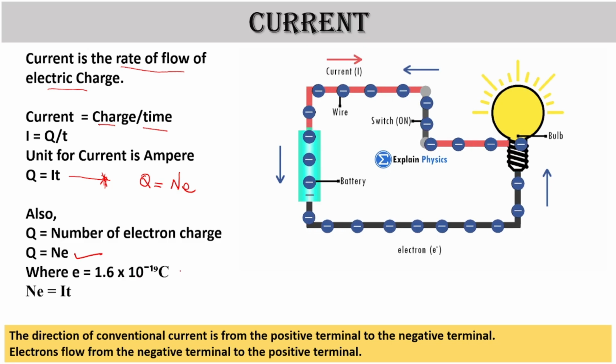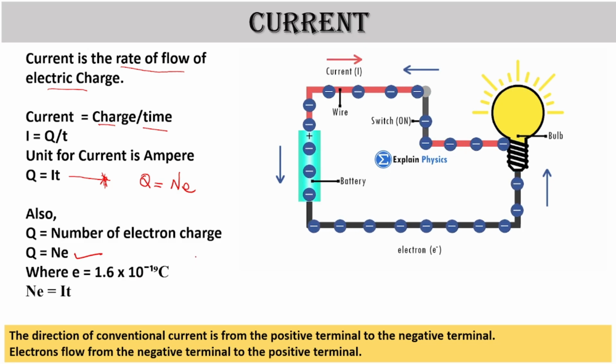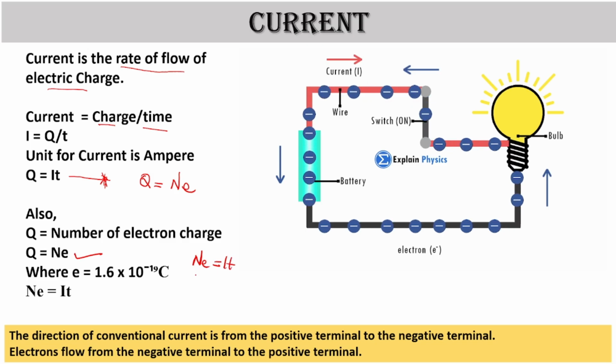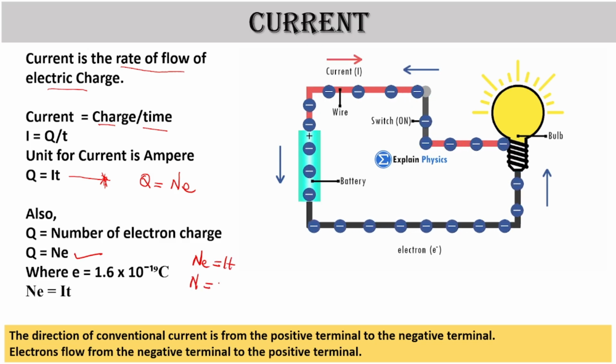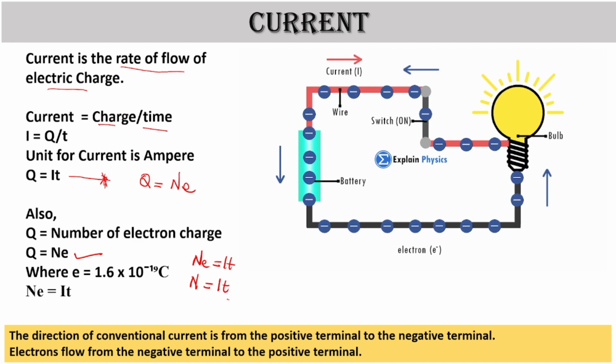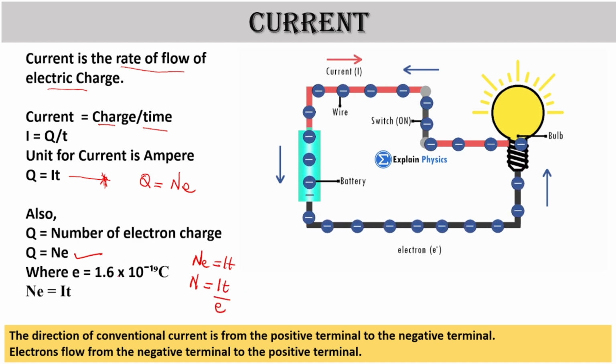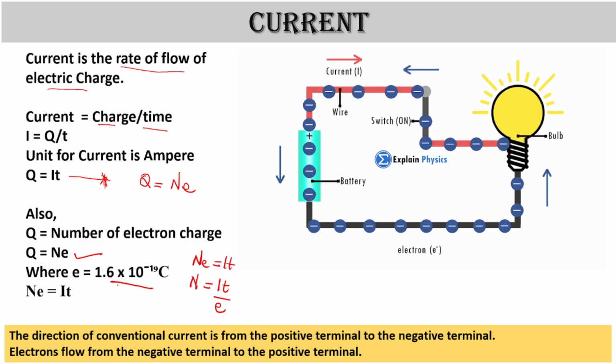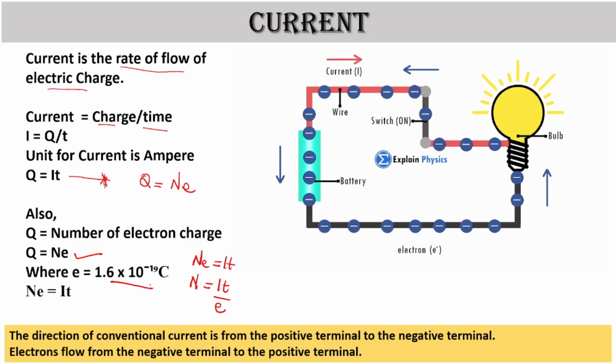In other words, Ne equal to IT. If we are asked to find the number of electrons, we say current times time divided by electron charge. And the value for electron charge is 1.6 times 10 raised to the power of minus 19.